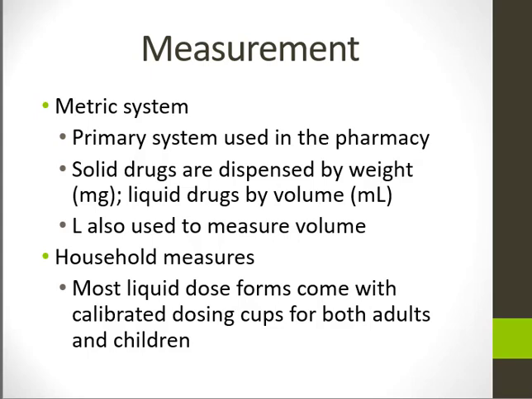So the pharmacist will transpose that direction, that 5 milliliters, to the household system for the patient to read, and it's 1 teaspoon. So 5 milliliters equals 5 cc's, or cubic centimeters. You might have heard of cc's before, which equals 1 teaspoon. So that's the household measurement.